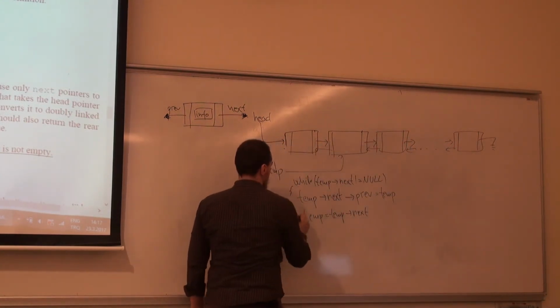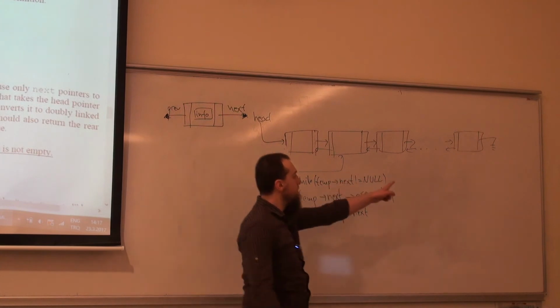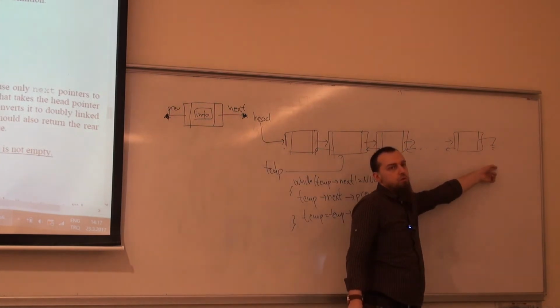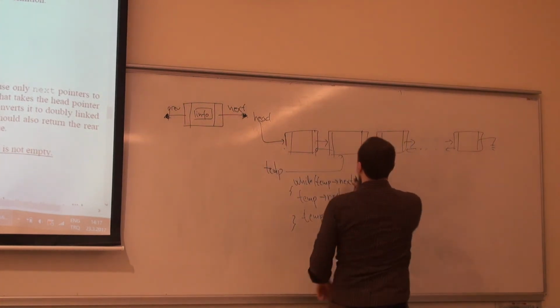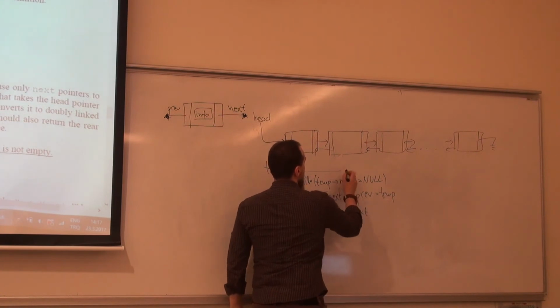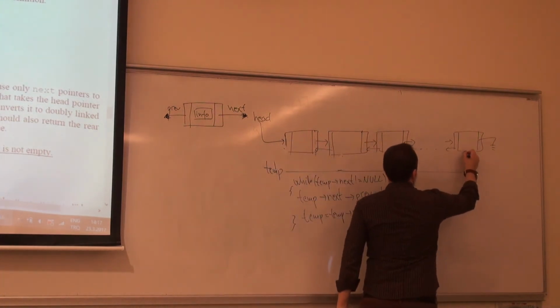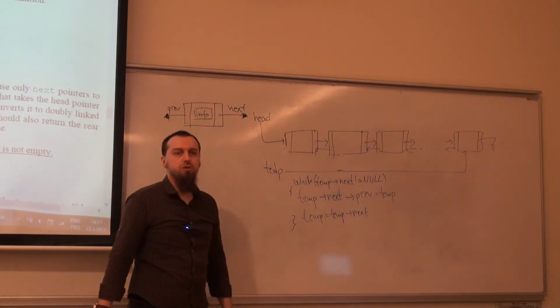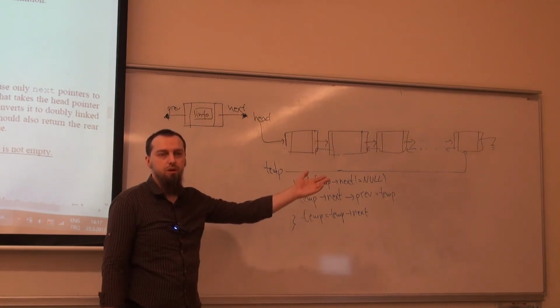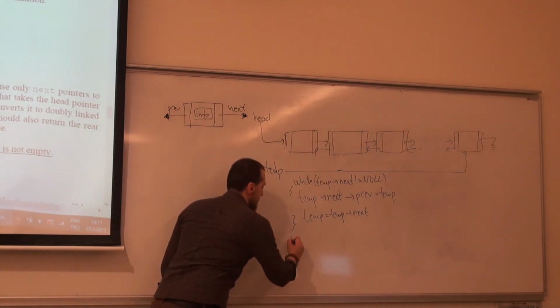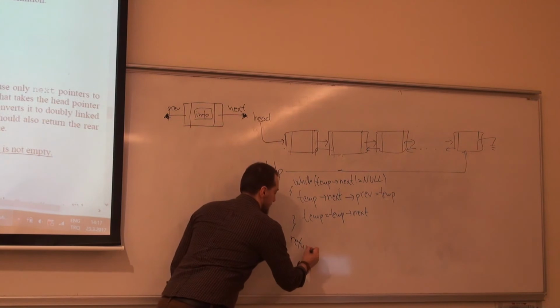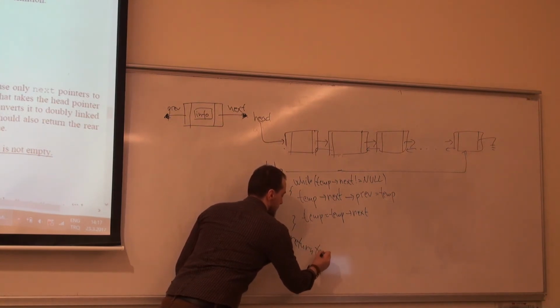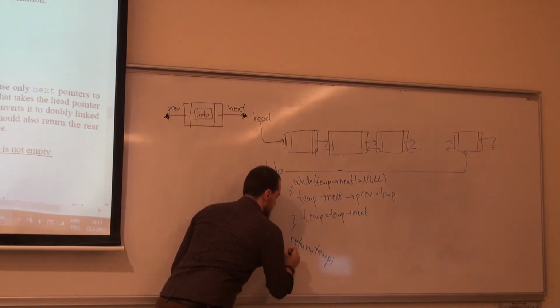Do this guy. Okay, because if temp next is equal to null, we cannot do this stuff. So basically temp will terminate here. And what else? We should return the tail, which is temp in our case. So return temp. This is it.